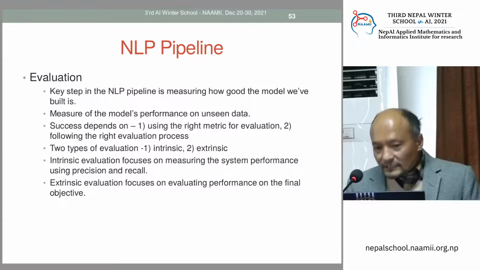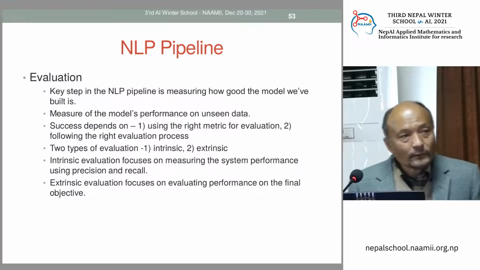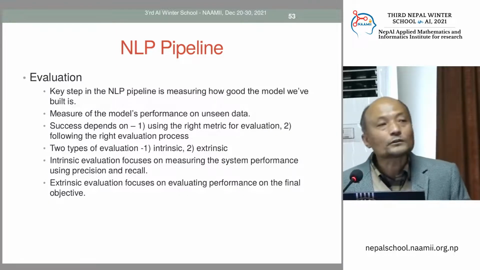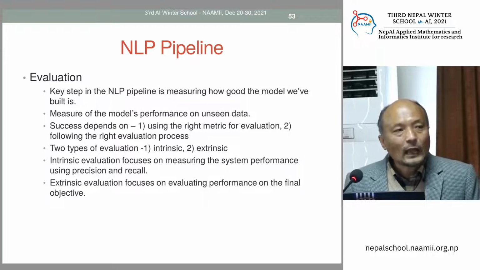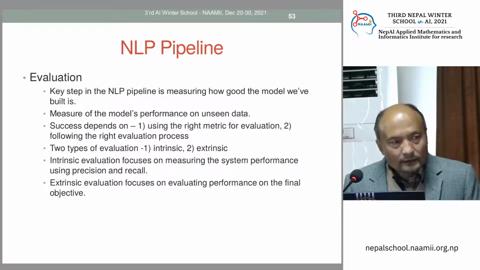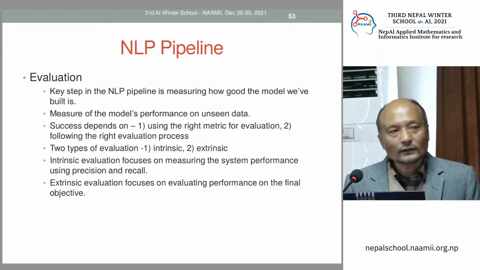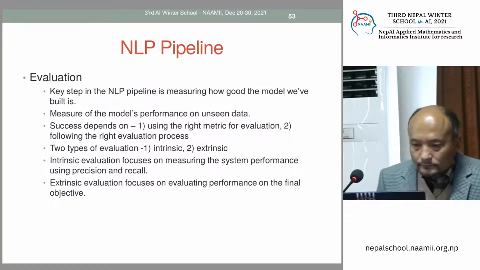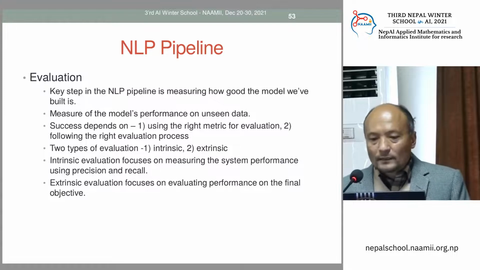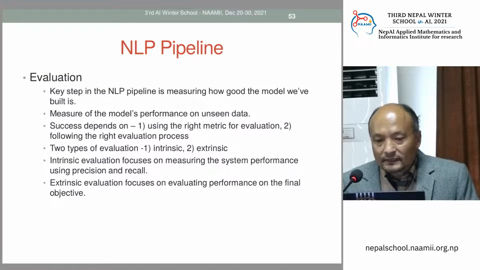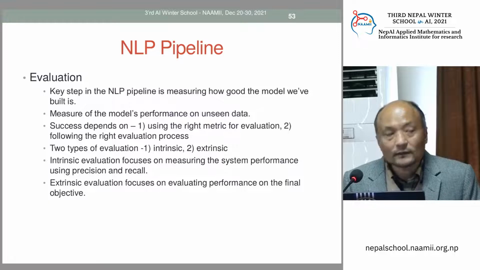And extrinsic evaluation is about how satisfied you as a client are with the actual results. That's extrinsic evaluation. Okay. So intrinsic evaluation focuses on measuring the system performance using precision and recall. Extrinsic evaluation focuses on evaluating performance on the final objective.